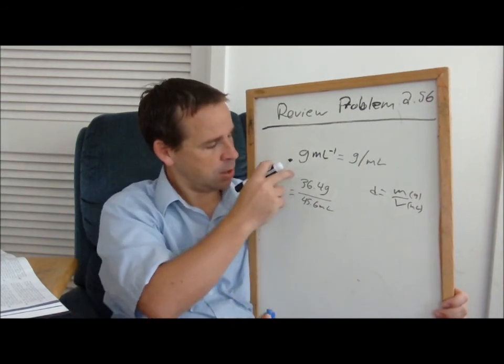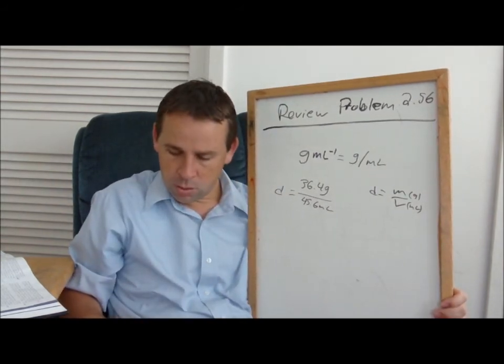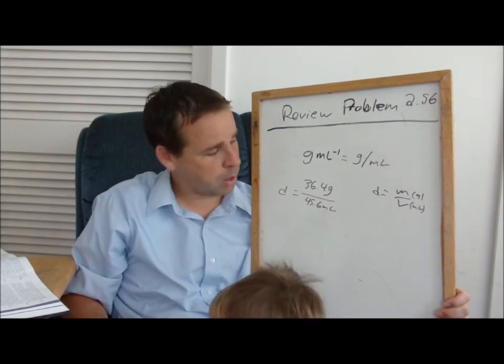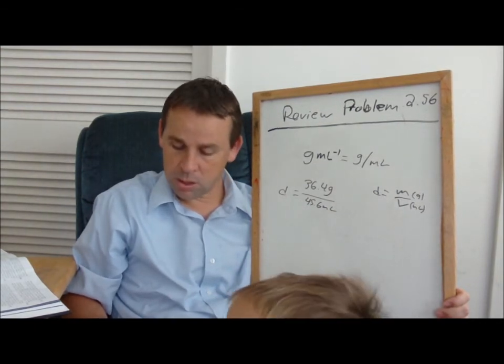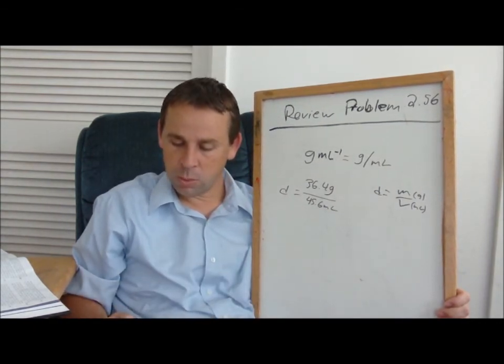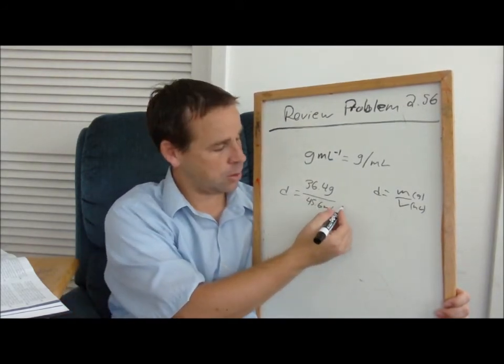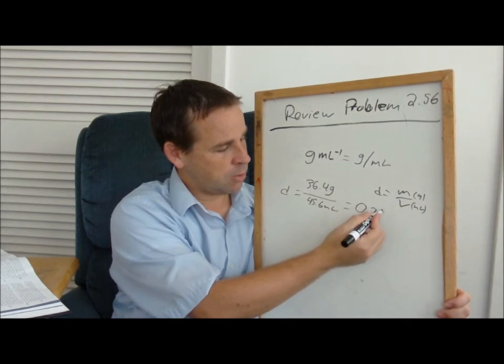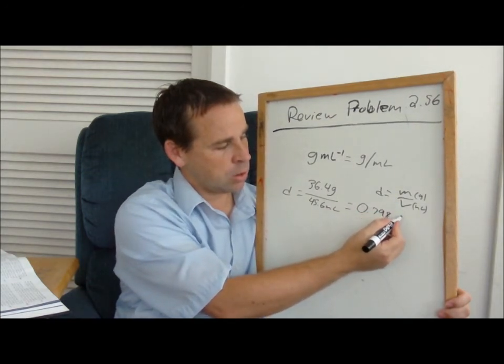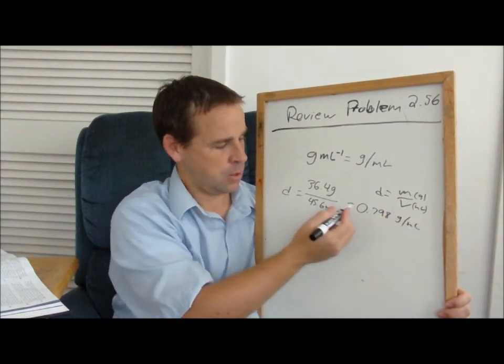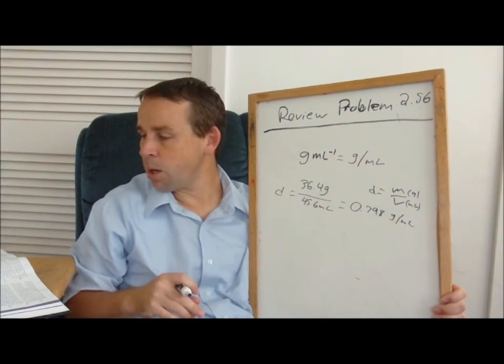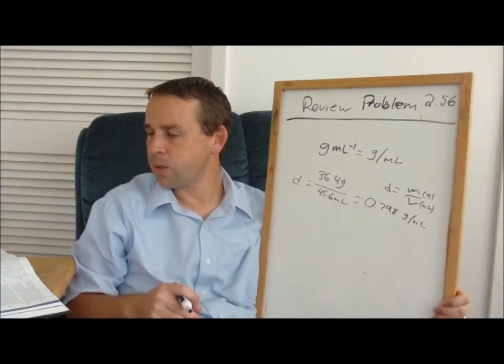So we have density 36.4 divided by 45.6. 0.798. And there are 3 significant figures. 0.798, units again are grams per milliliter. Alright, so that's the density of the kerosene.